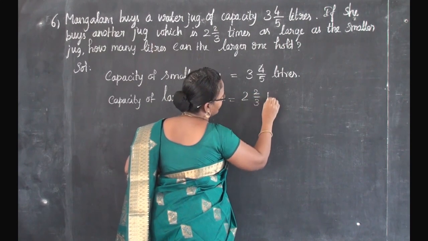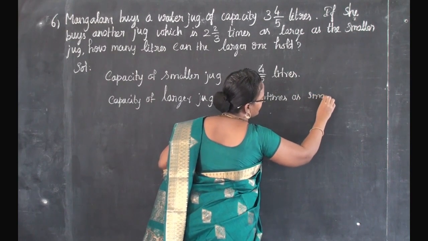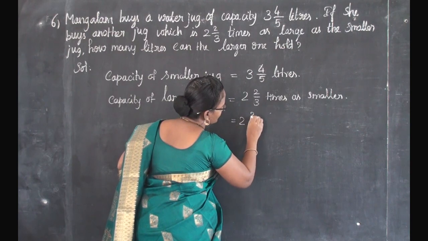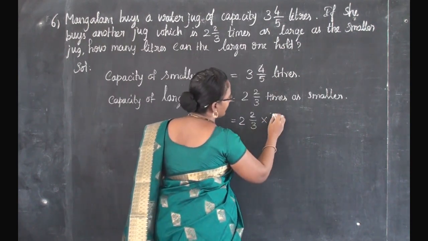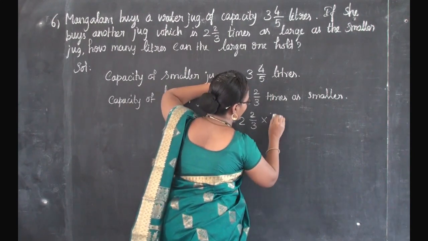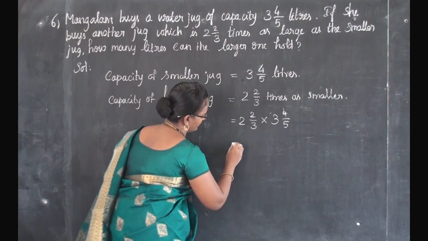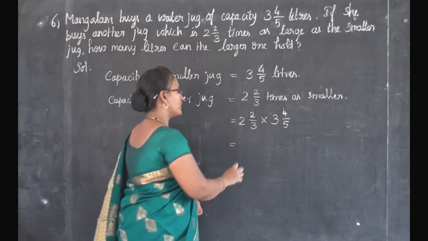2 by 3 times as smaller one. That means 2 by 3 into, what is the capacity of the smaller one? That is 3 4 by 5. First we have to change into improper fractions.